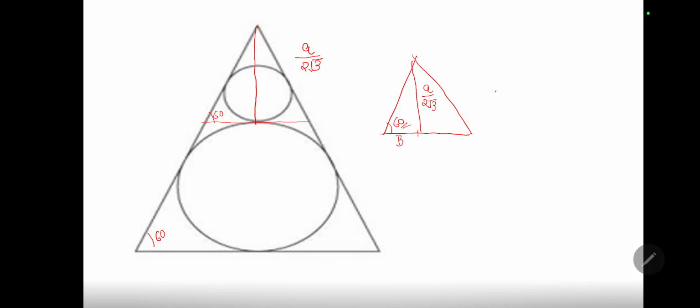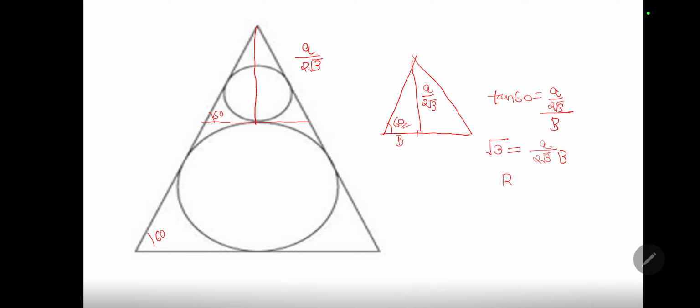So tan 60 is equivalent to altitude upon base, or perpendicular upon base. So this would be a by 2 root 3 divided by base, and tan 60 is root 3.